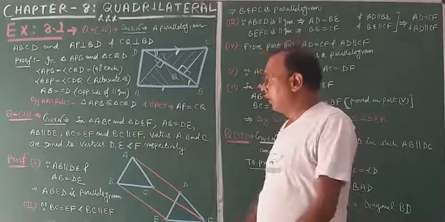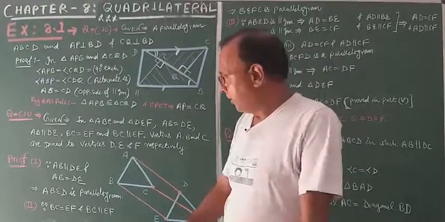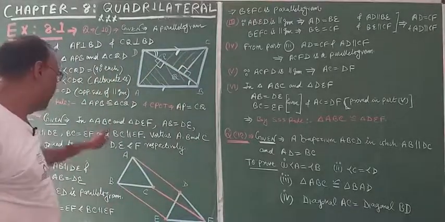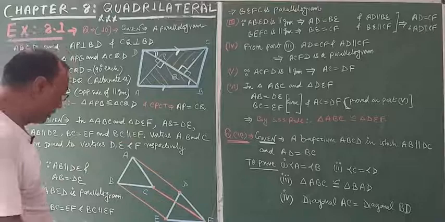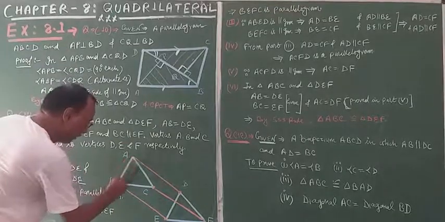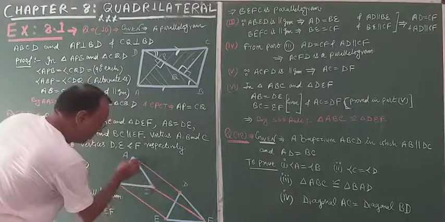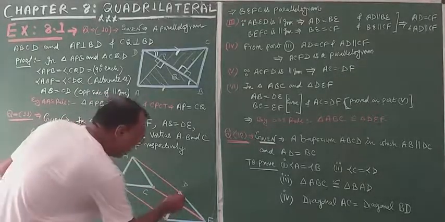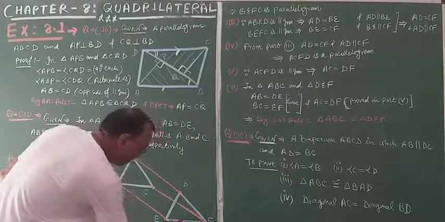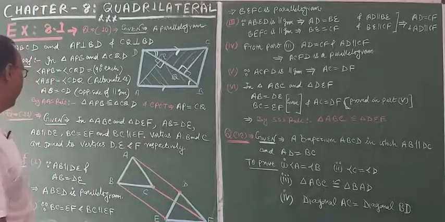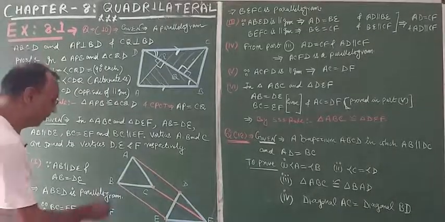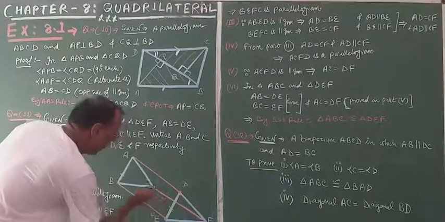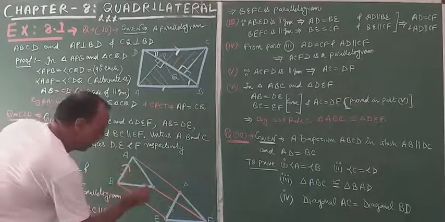Now this is question number 11. You are given two triangles ABC and DEF. What you are given: AB is equal to DE and they are also parallel.